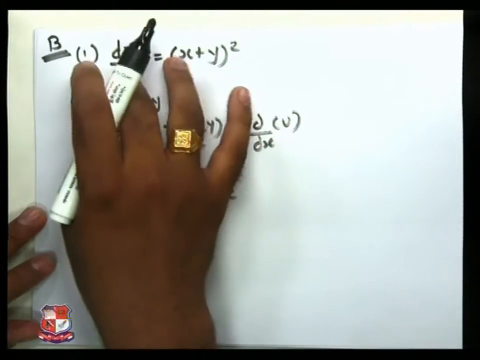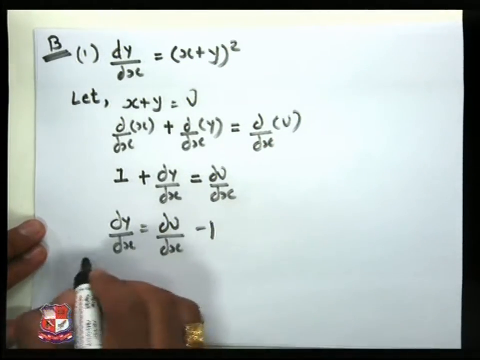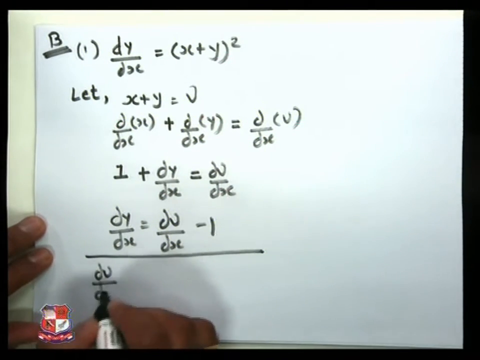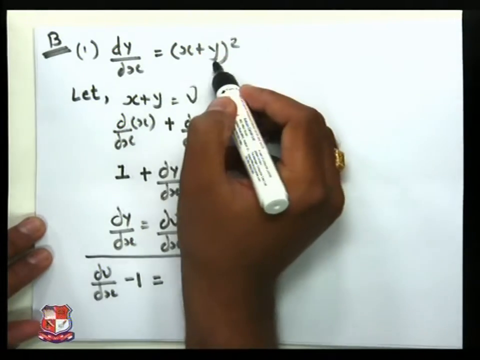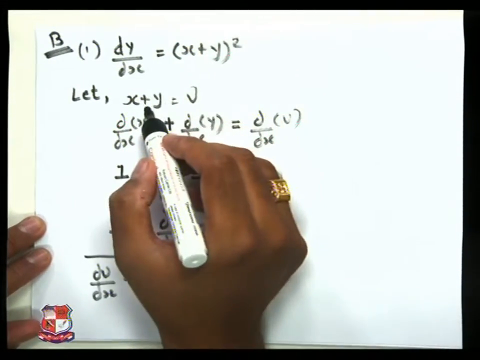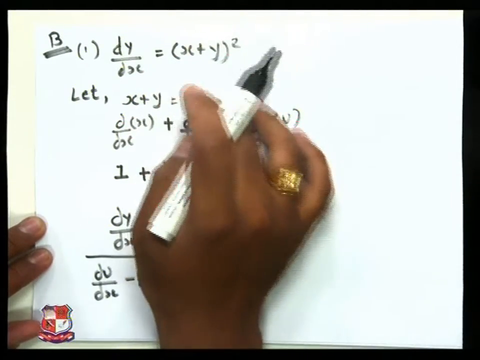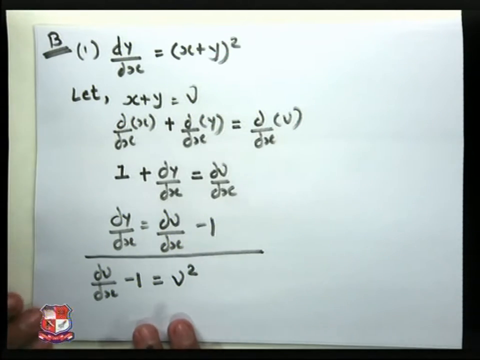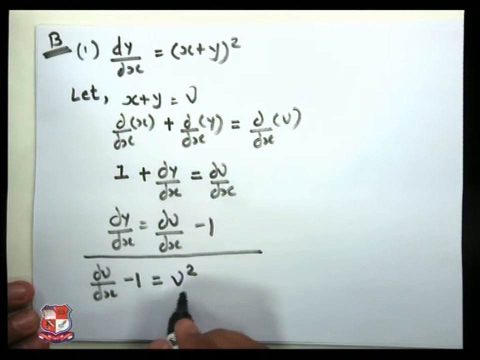So our equation becomes dv by dx minus 1 is equal to x plus y whole square, but in the starting of our sum we assumed x plus y is equal to v. So replace x plus y with v, so that becomes v square only. So our final result, that is dv by dx minus 1 is equal to v square.